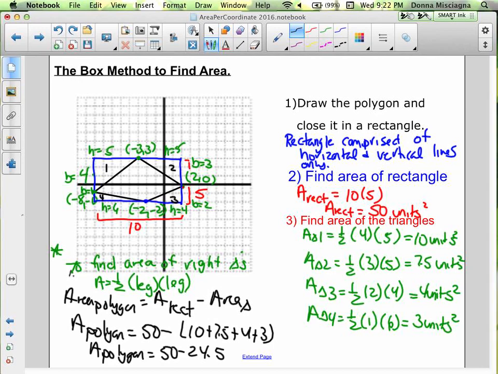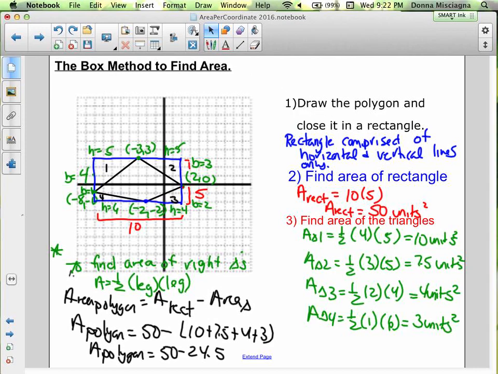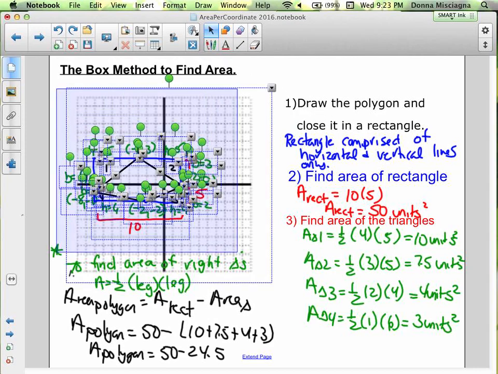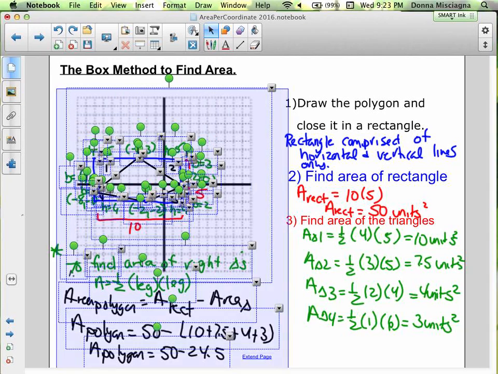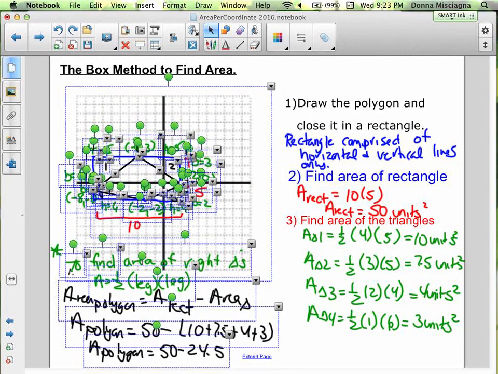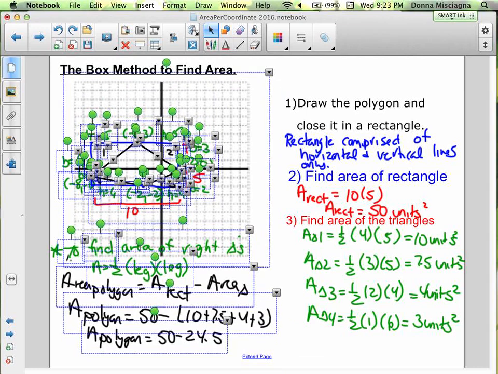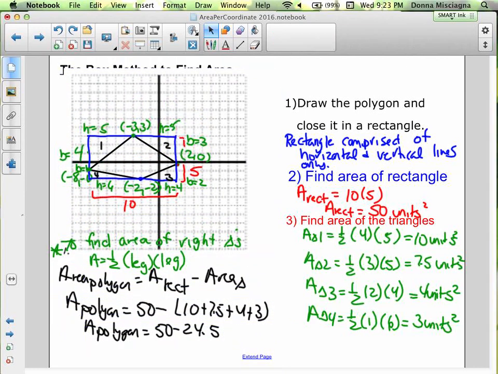I need a little bit more space. I don't know if I can move anything up. No, I'm just going to move my words. How about if I move this? There we go. Look at all those green circles. That'll give me enough space to write.